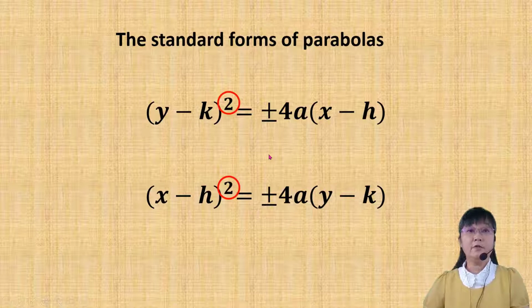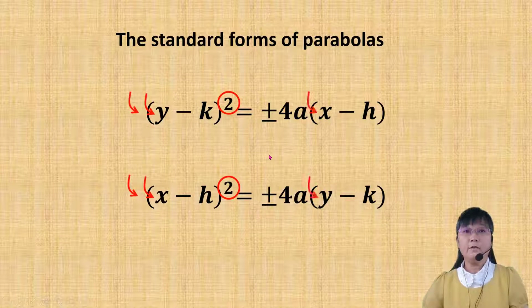Now, the coefficient of the squared term must be equal to 1. So, if the coefficient is not equal to 1, then we must factorize the coefficient out here. This number outside the term can be any number, but not equal to 0.